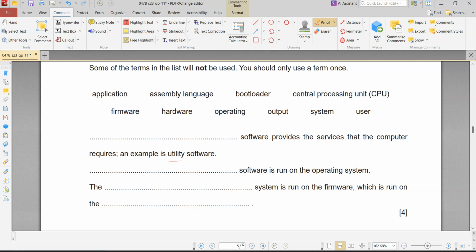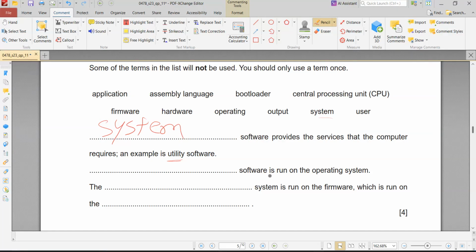You know that utility software is provided by the system software. So I can write down system software provides the services that the computer requires. For example, utility software. This is the first answer.